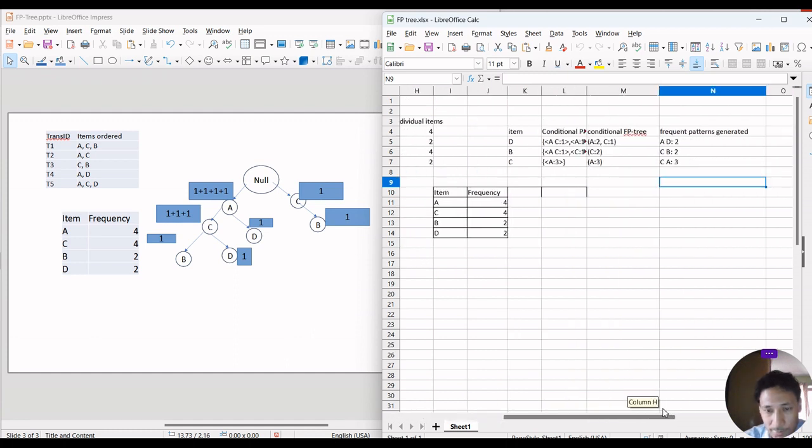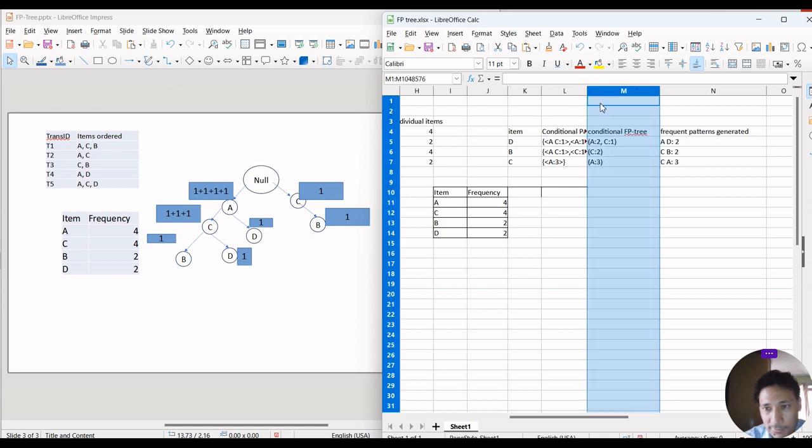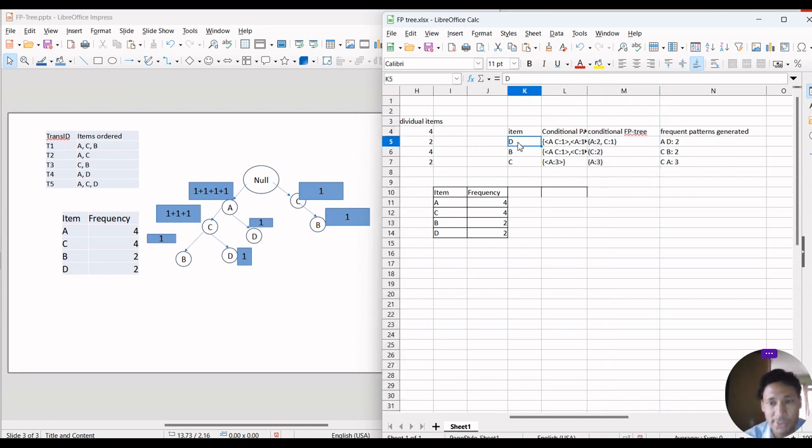Now we will create this conditional pattern base like this. We will take these individual items on the basis of their frequency in ascending order. We know that D is the least seen object, then B, then C, then A.